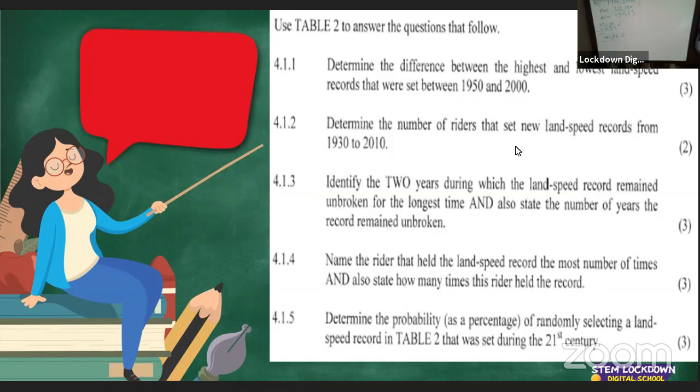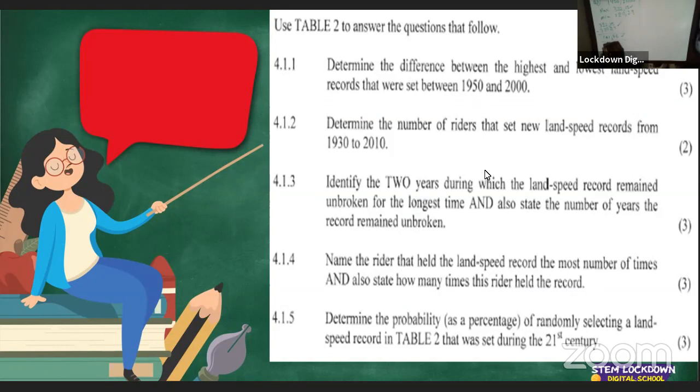Determine the number of rides that set new land records from 1930 to 2010. So the question is, determine the number of rides that set new records from 1930 to 2010.